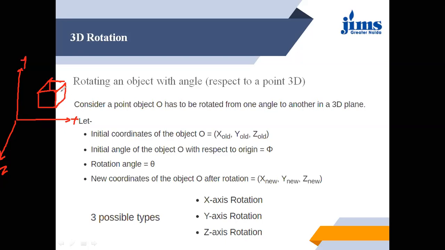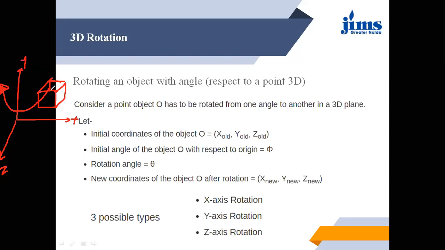And there can be another case that we rotate this object with respect to the y-axis. In that case, this object will be over here, that is between the y and z axes.